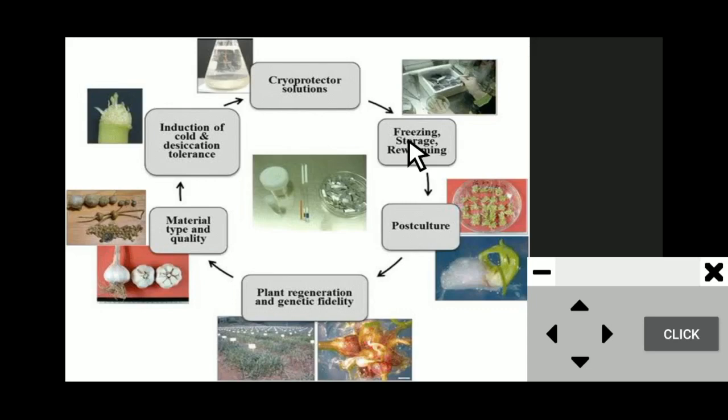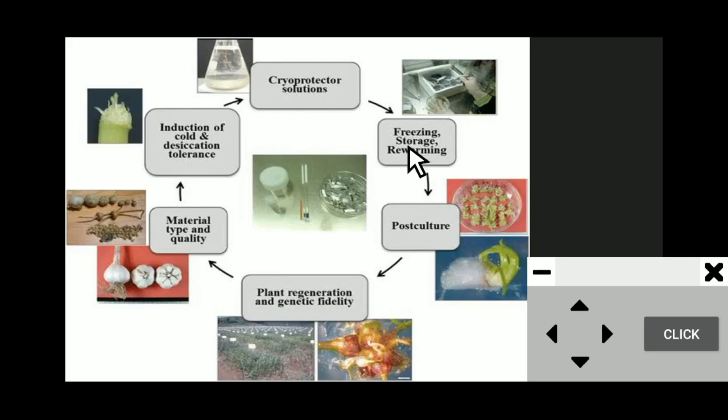In the stepwise freezing method, the reduction of temperature is given in a stepwise manner. First the material is cooled, and at that temperature it is maintained for 30 minutes, and again the reduction of temperature is carried out. This stepwise freezing method has been successfully used for the cryopreservation of suspension cultures or shoot apex and buds.